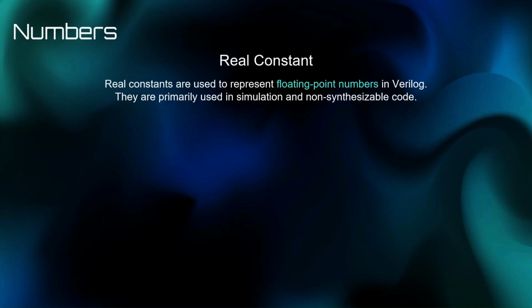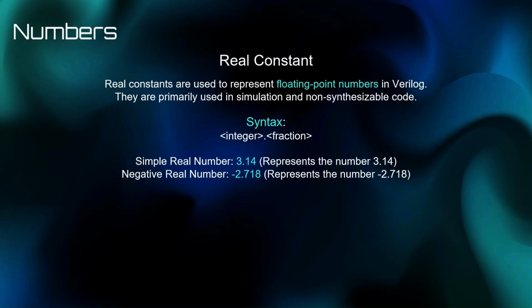In Verilog, real constants serve a crucial role in simulating and modeling floating point numbers. Real constants are structured as integer dot fraction, where the integer part represents the whole number component and the fraction part captures the decimal precision. For a simple real number, consider 3.14. Here 3 is the integer part and 0.14 represents the fractional component, expressing the well-known approximation of pi.